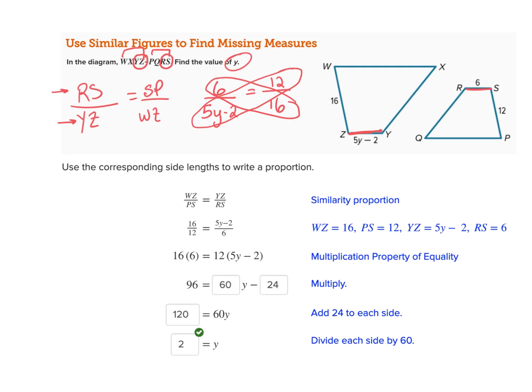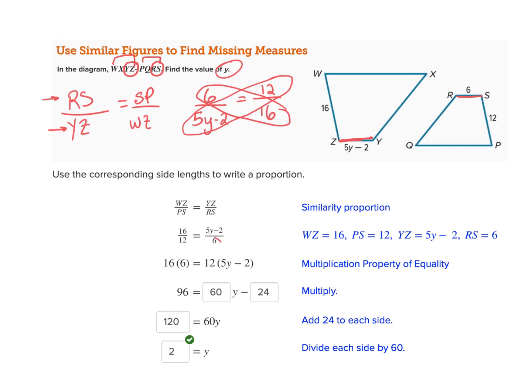When we cross multiply, we get 6 times 16, which is 96. And then we have 12 times 5y minus 2. Don't forget, we have to distribute. So we get 60y minus 24.